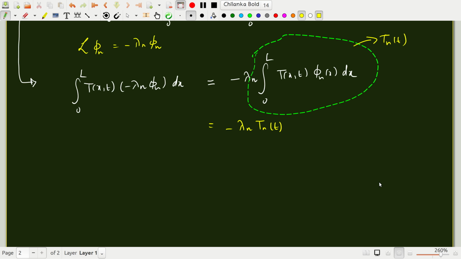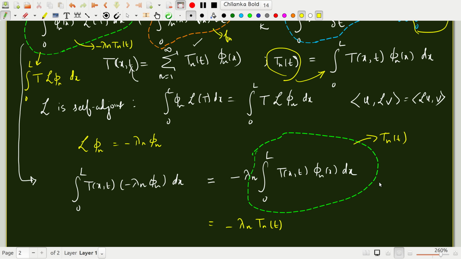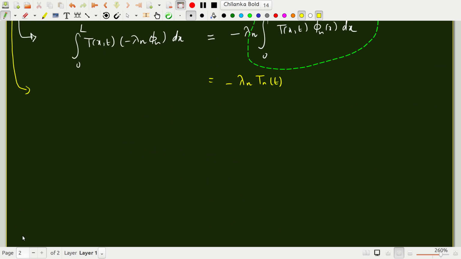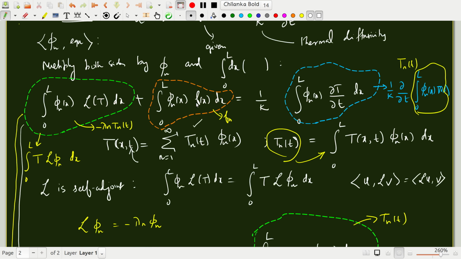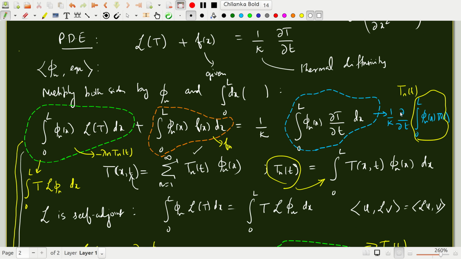So this equation becomes, let me rewrite it in simplified form: minus lambda n Tn plus Fn plus 1 over k. The partial derivative will become an ordinary derivative now, because Tn is a function only of time.